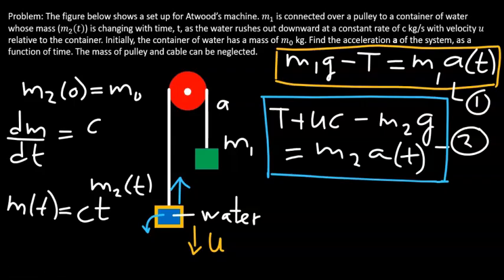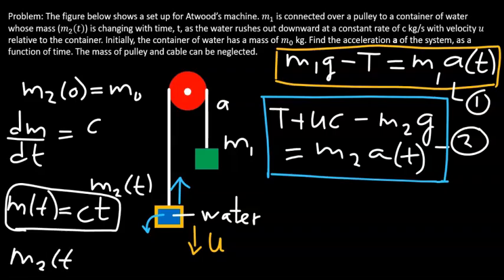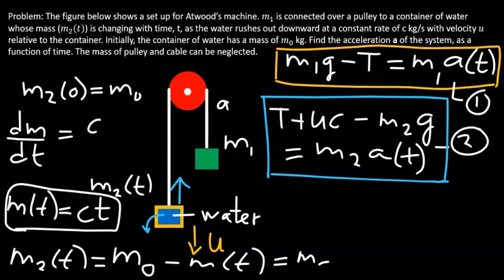So the water that is rushing out at any given time t is given by that expression. That means m2 as a function of time is quite simply the initial mass, which is m0, minus m as a function of time. And that is just m0 minus ct, because m as a function of time is just c times t.